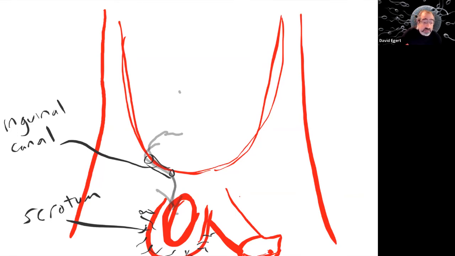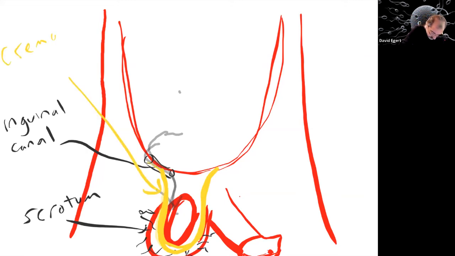And there's a variety of things that help control the temperature. There is the cremaster muscle. Maybe I'll put that in here. The cremaster muscle basically attaches to the abdominal wall and can raise and lower the whole shebang in order to pull it closer to your body to keep them warmer, or let them dangle more if you want to give them a little more airflow.